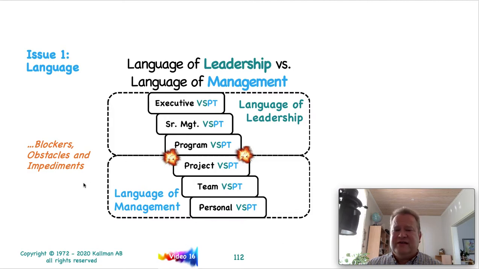And down here with the individuals and teams, you're really speaking the language of management. And if you're going to lead and inspire, and at the same time make sure the hard work gets done, ooh, that's a hard one to balance. It's almost theory Y, theory X. And it's a both and, it's not an either or.